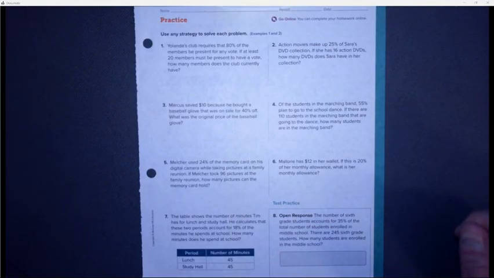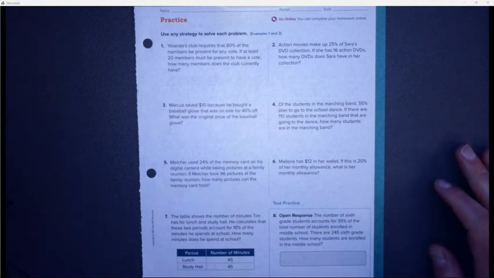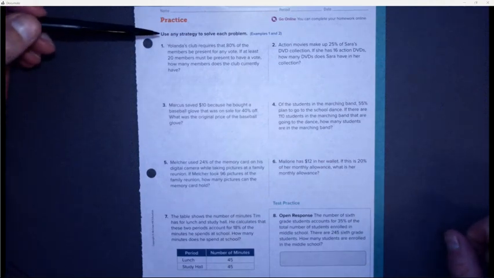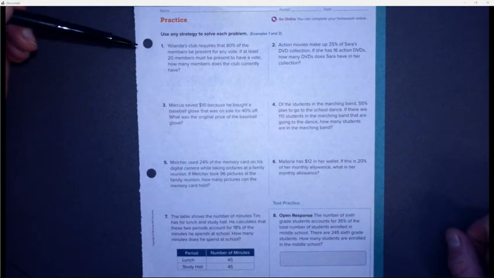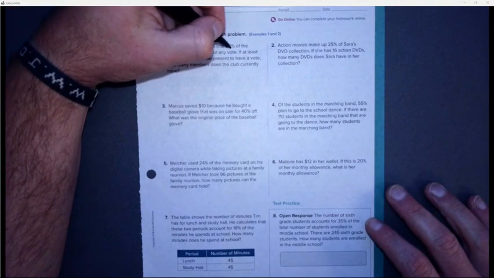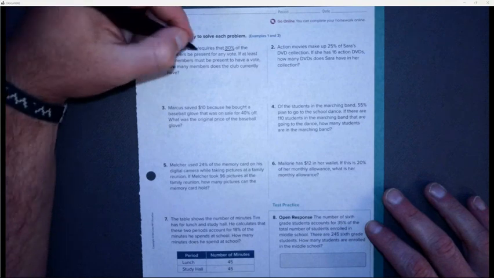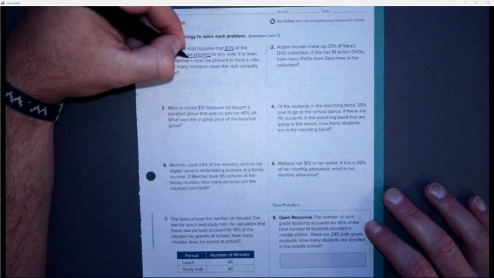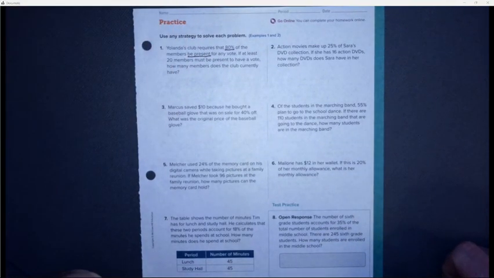Now let's finish up by looking at a couple practice problems on page 135. Number 1 says Yolanda's club requires that 80% of the members be present for any vote. If at least 20 members must be present to have a vote, how many members does the club currently have? Well, we know based on our problem, 80% of the members must be present for any vote.